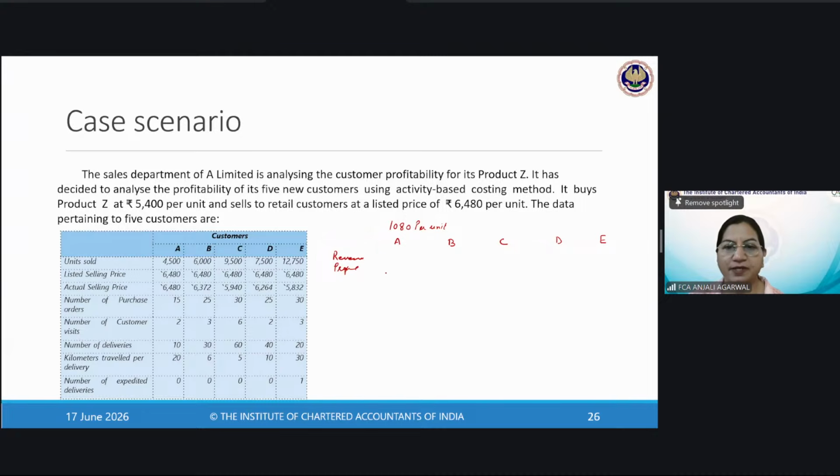Profit will be calculated by number of units multiplied by profit per unit. 4,500, 6,000 into 1,080, 9,500 into 1,080, 7,500 into 1,080, and finally 12,750 into 1,080.